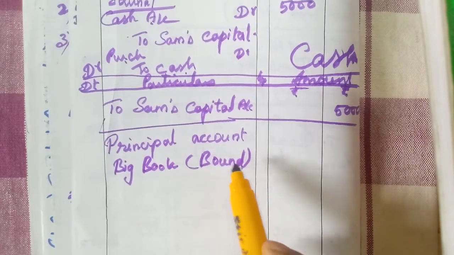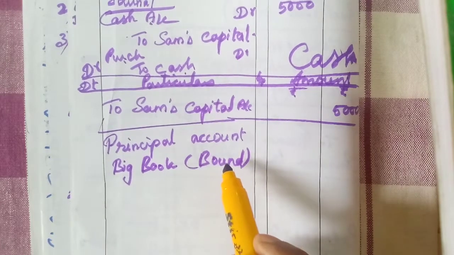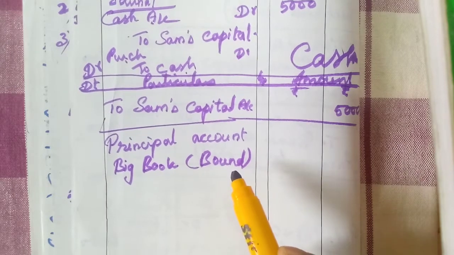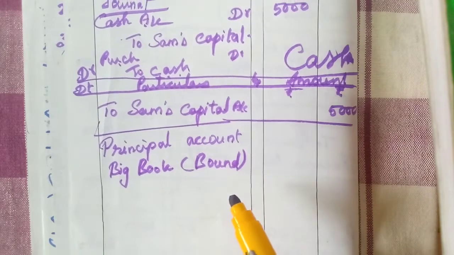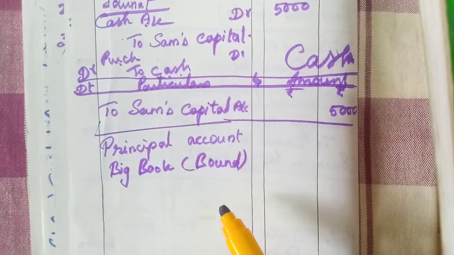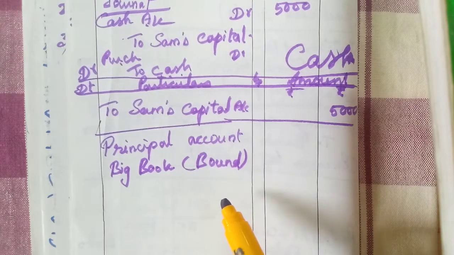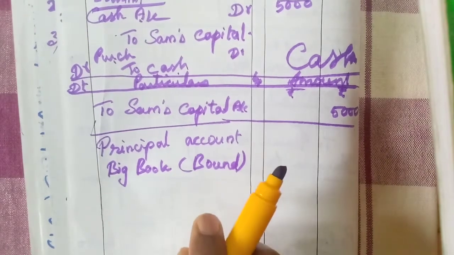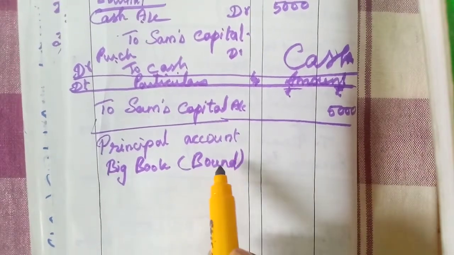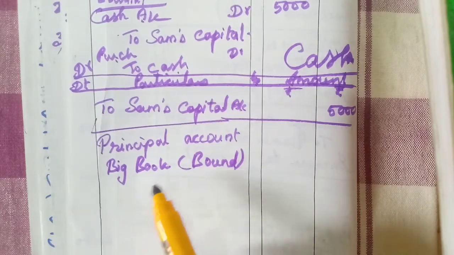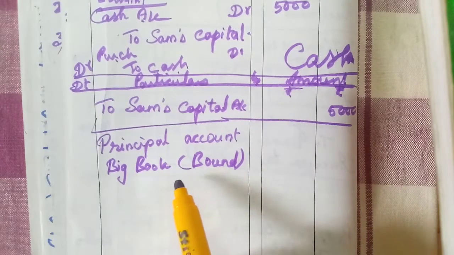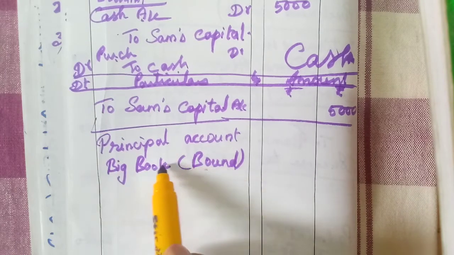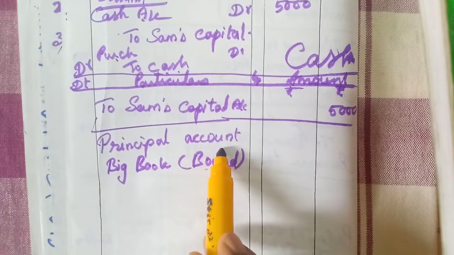Otherwise, a loose leaf ledger also is possible, where they may insert leaves with spiral binding. Attaching paper also is allowed in the posting, or a big bound book they can use for the ledger account.